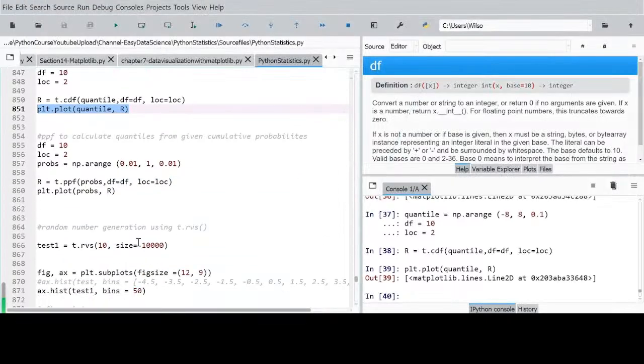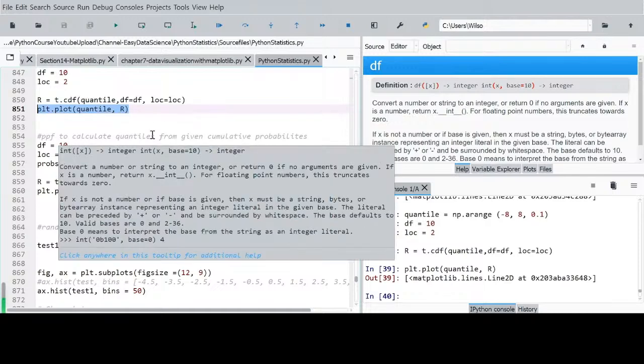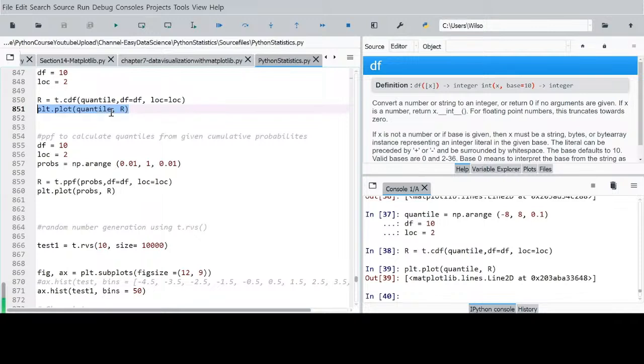And the next function is called PPF, which calculates the quantile values from given cumulative probabilities. PPF is actually the inverse operation of the CDF, right? It calculates the quantile values from the given cumulative probabilities. So we set df and location the same as before.